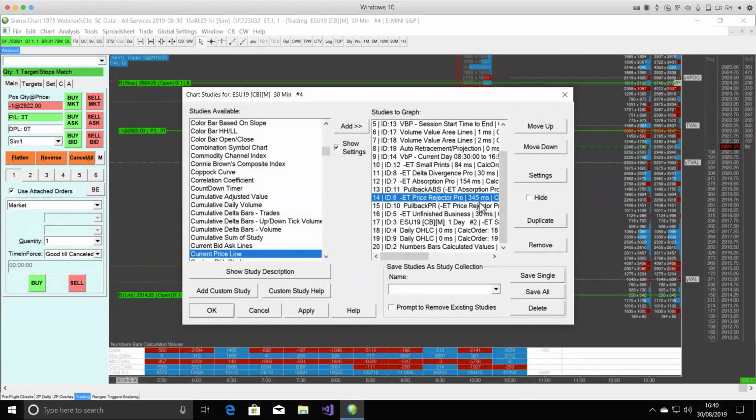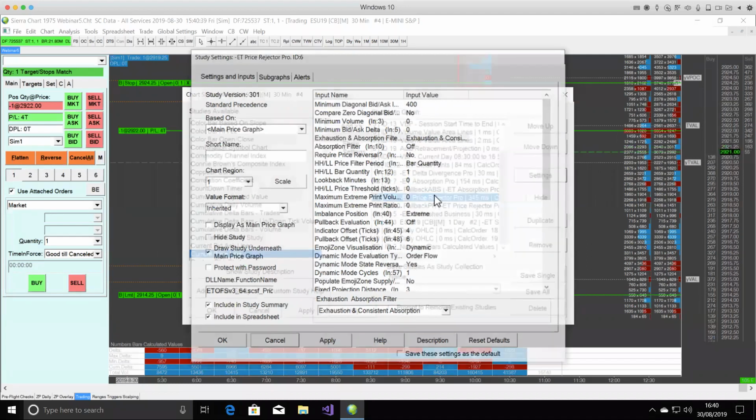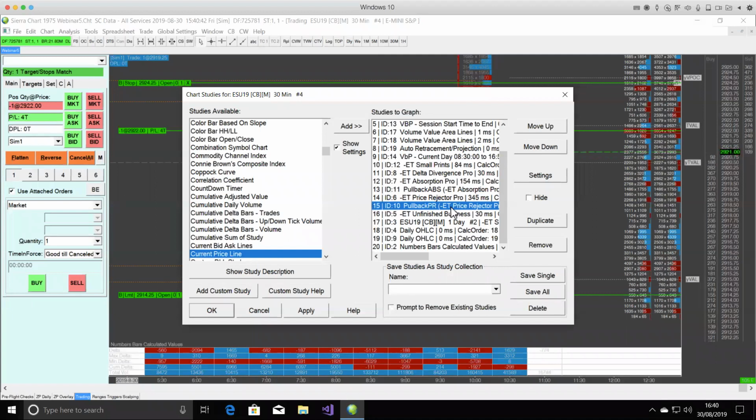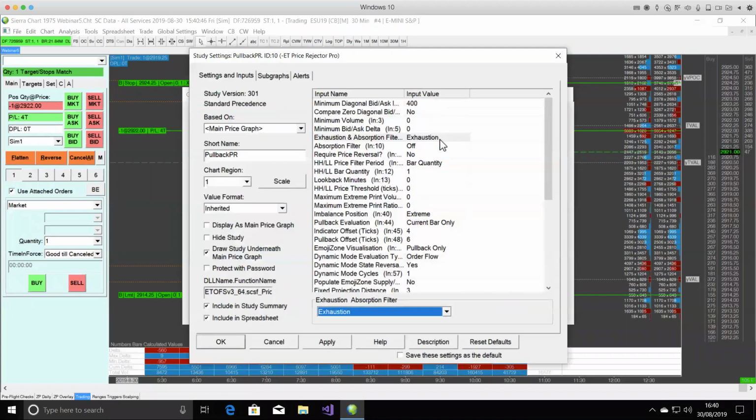I'm also doing the same thing with Price Rejector Pro. So I'm using relatively strict conditions. Sorry, I'm looking at the wrong one. That's it, pullback PR. So I'm only looking for exhaustion. I'm not looking for consistent absorption.